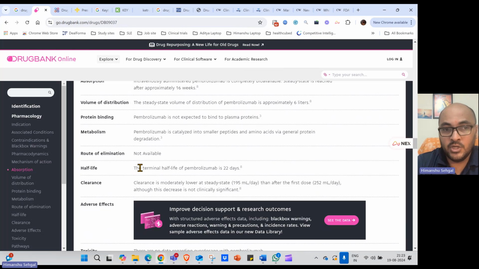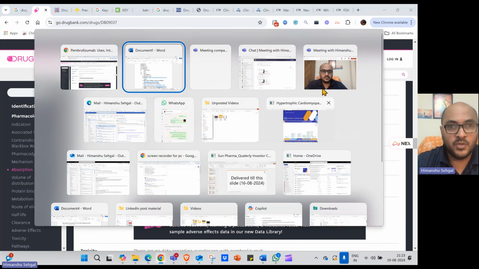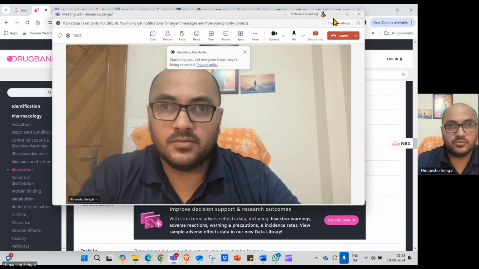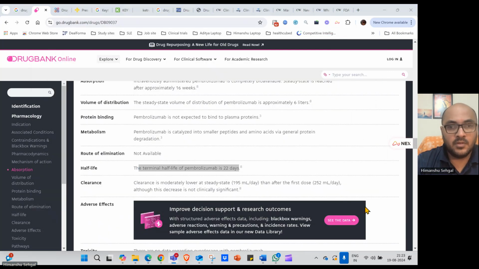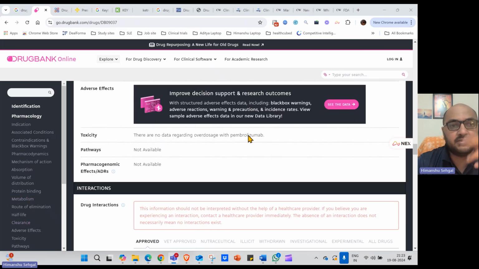What's the half-life? So this is also important information, because when you are assessing very early stage molecules, a lot of clients sometimes ask us what's the half-life of this molecule. So for that information, you can always use this. Okay, so now about the clearance, adverse events.